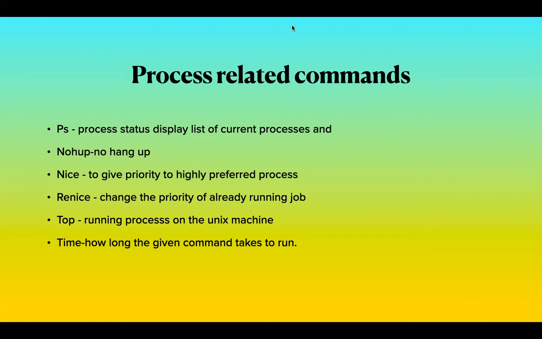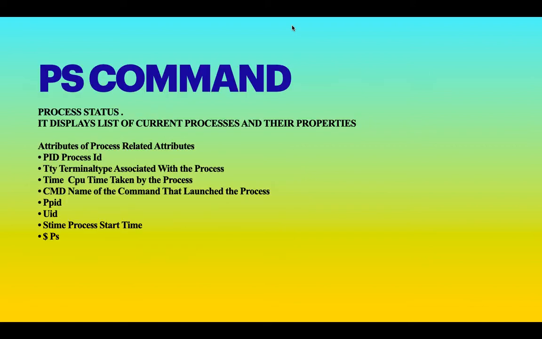Process status will display the current status of whichever process is running in the system: what is its ID, what is the time, and what command was launched by the process. Complete details can be known if I use the ps command. The first one is the ps command.